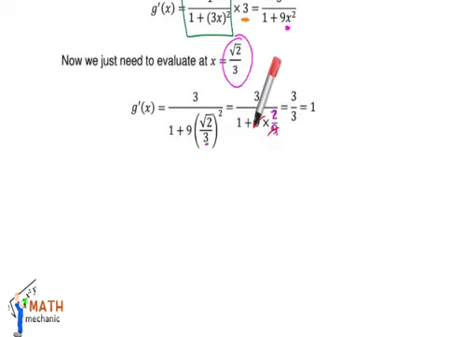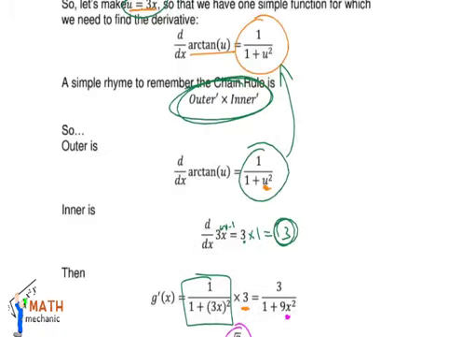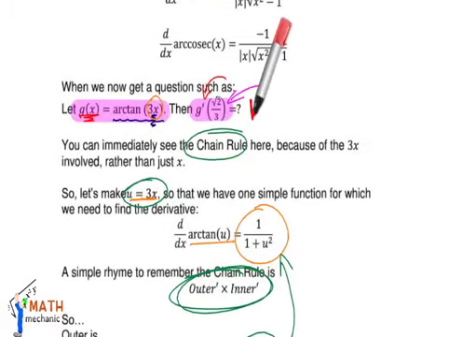Then that 9 and that 9 will cancel out, and we'll be left with 3 above and 1 plus 2 below the line, which will give us 3 over 3, or then 1. So the answer to this question, that original question that we started with, is just 1.